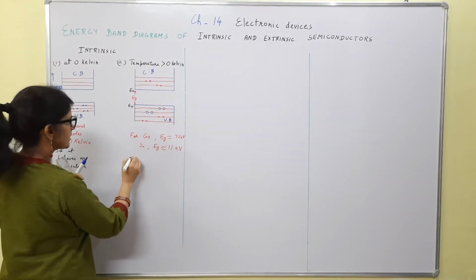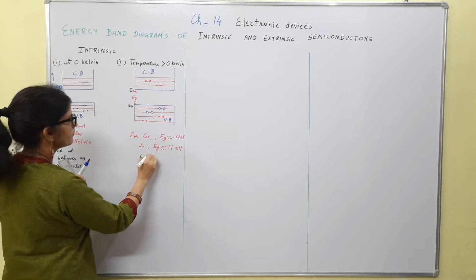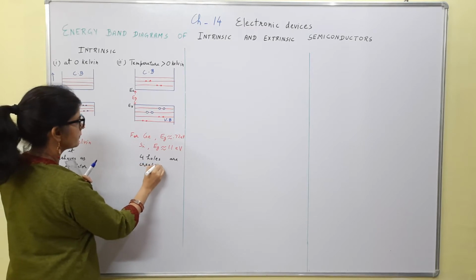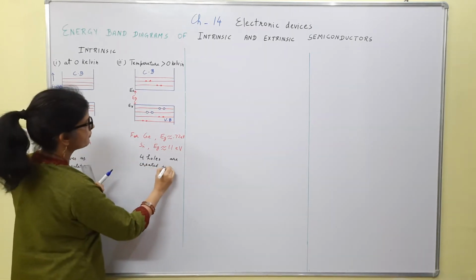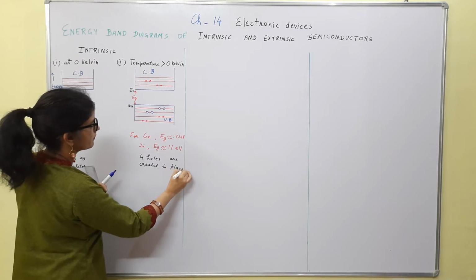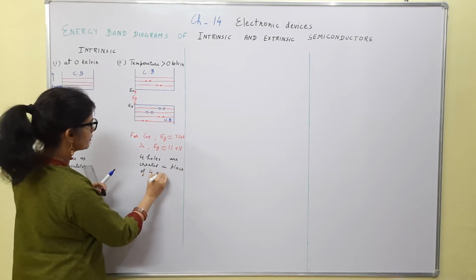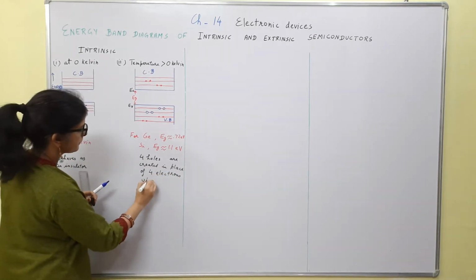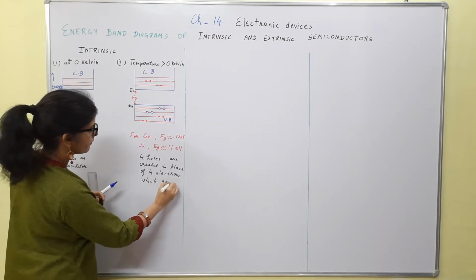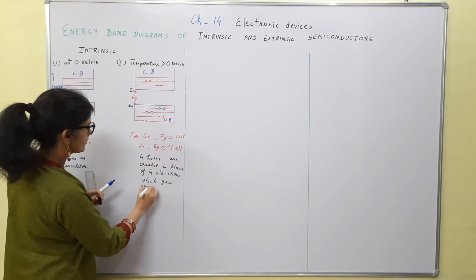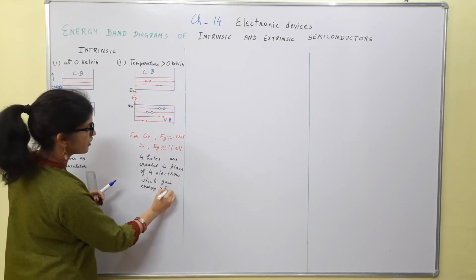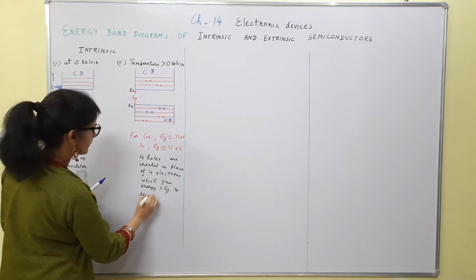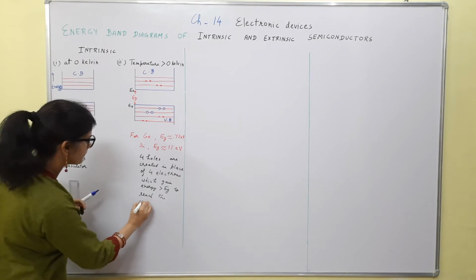So these are the holes. We can say that here 4 holes are created in place of 4 electrons which gain energy greater than the energy gap to reach the conduction band.